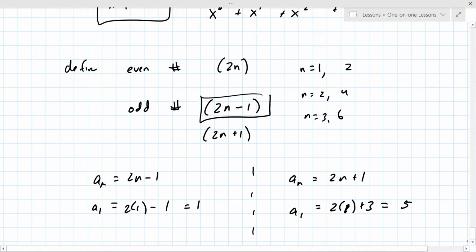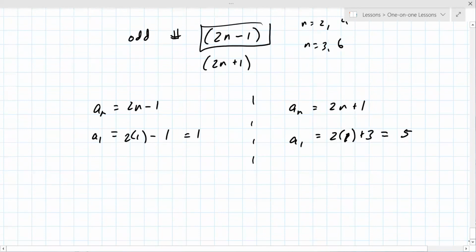Well, what if you could have n start at, instead of 1, what if you had n start at minus 1? Or n start at 0? Okay, and that's, I think, what maybe your instructor is trying to emphasize here. Like, so a_0 equals 2 times 0 plus 1, which is 1. Right.